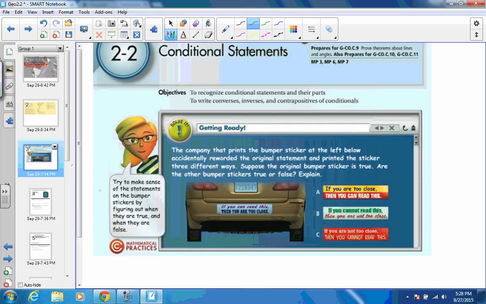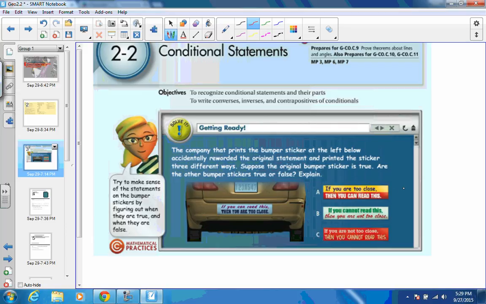So if you look at these, are they all true statements based off of that left one? And how are they similar, how are they different is kind of what I'm asking. The original says, if you can read this, then you are too close.